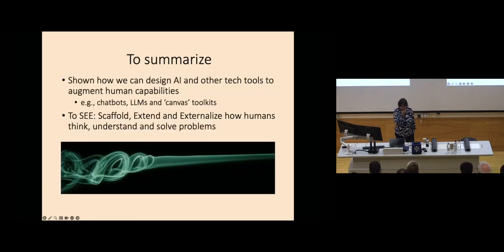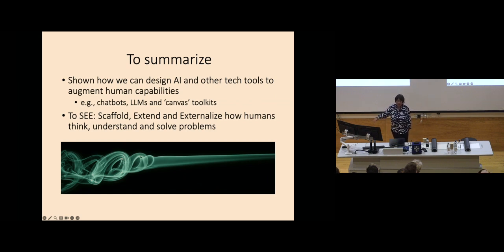I just want to summarize, because I know it's coming up to question and tea, that I hope I've shown you through these case studies how we can design AI and other tech tools. It doesn't have to be just AI tools, but other ones, where we can augment human capabilities. So it can be chatbots, it can be large language models, and it can be these Canvas toolkits. There can be other types of interfaces.